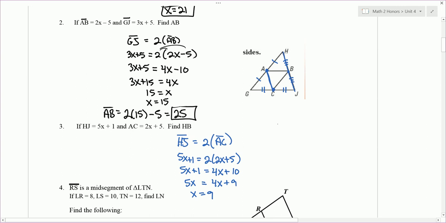Either way, I'm going to go after HJ first. So HJ is 5 times x plus 1, so that's 45 plus 1 is 46. And so then HB, just from the picture, is half of that, which is 23 units.